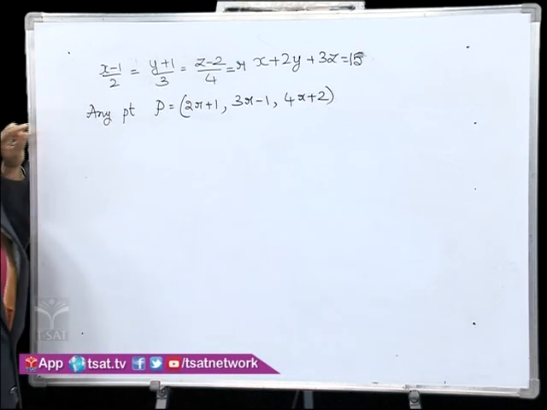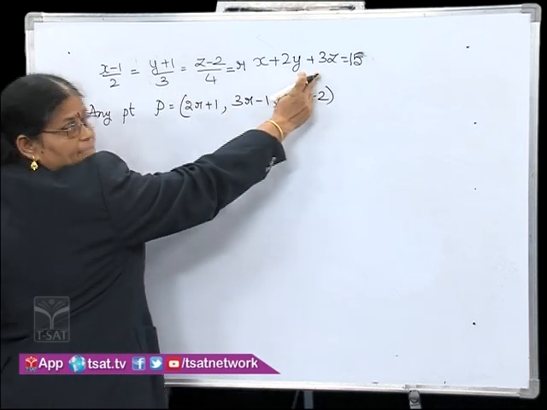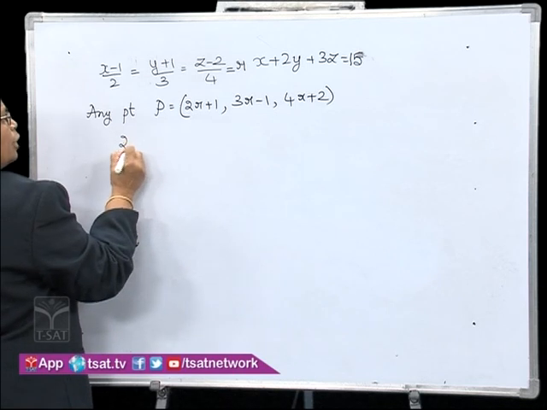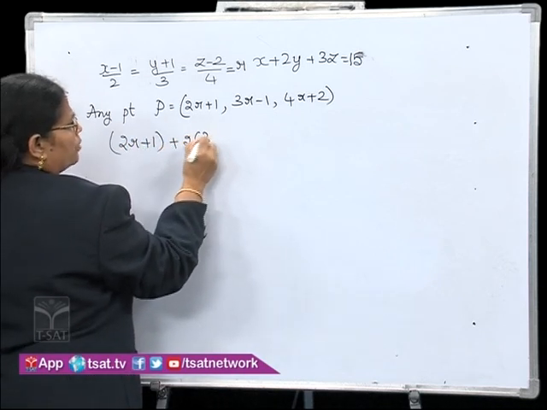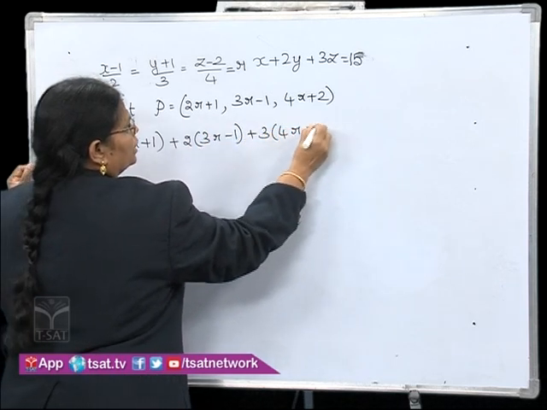You are given that this line meets the plane x plus 2y plus 3z equals 15. So, substituting this, you have (2r plus 1) plus 2 into (3r minus 1) plus 3 into (4r plus 2) equals 15.